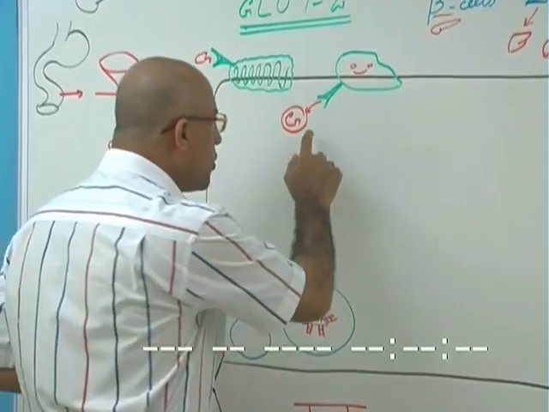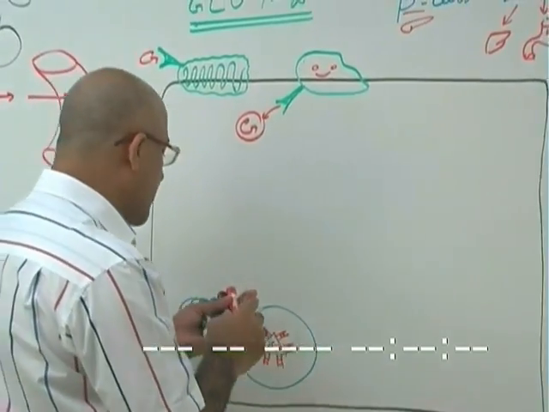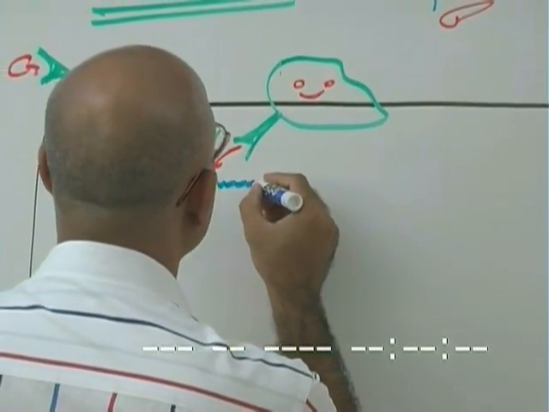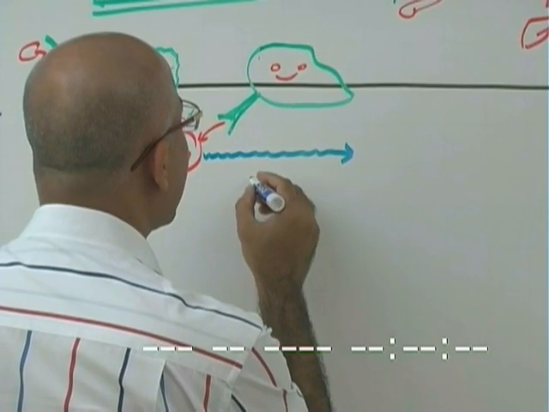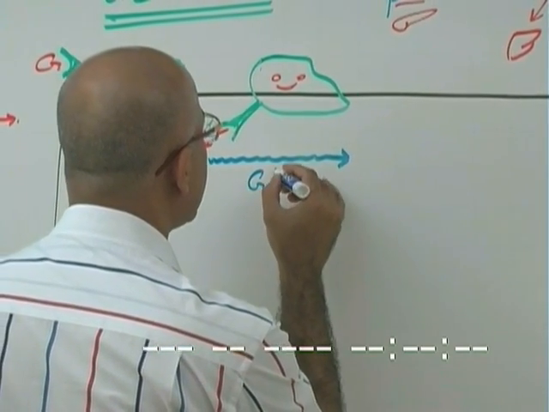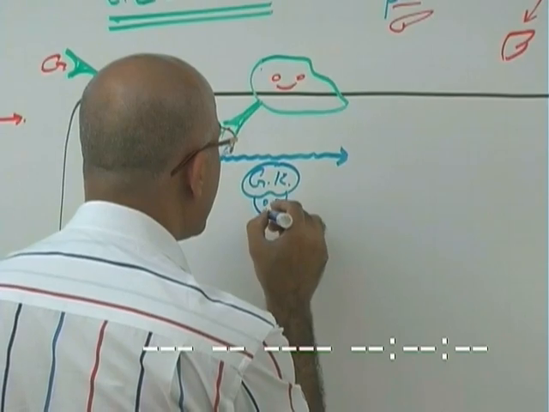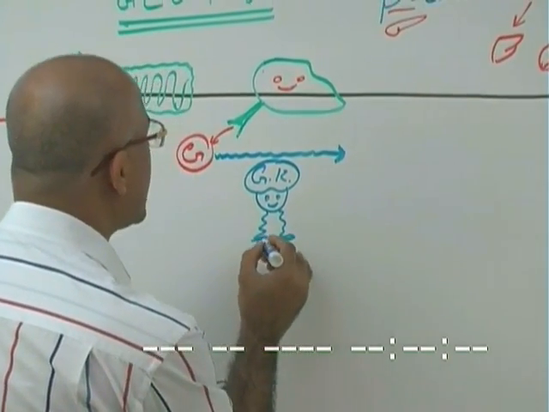When glucose enters the beta cell, there is a special enzyme called glucokinase. This glucokinase enzyme is very active in phosphorylation of glucose.